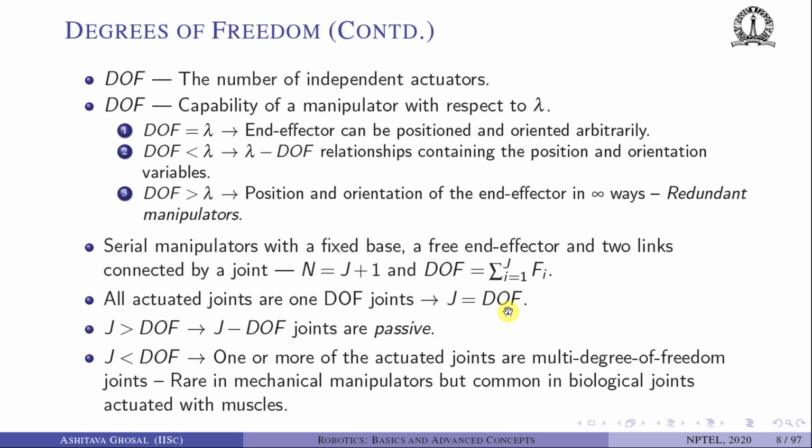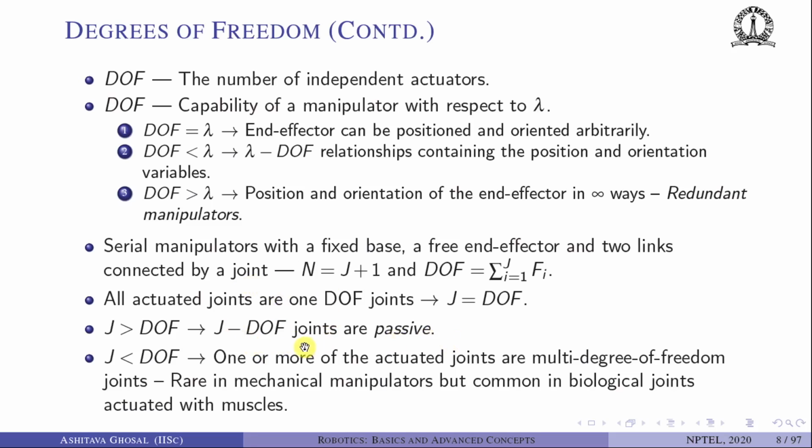For example, in the planar 3 degree of freedom robot, there were 3 joints and the degree of freedom was 3. In the PUMA case, there were 6 joints, so j was 6 and the degree of freedom was 6. If j is greater than the degree of freedom, then j minus degrees of freedom joints are passive.